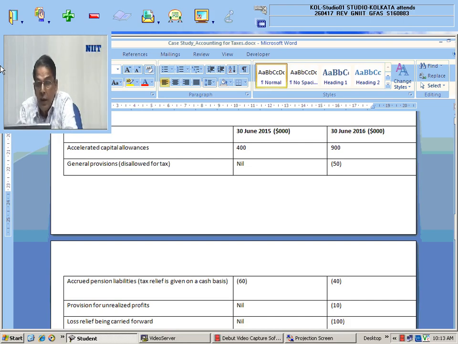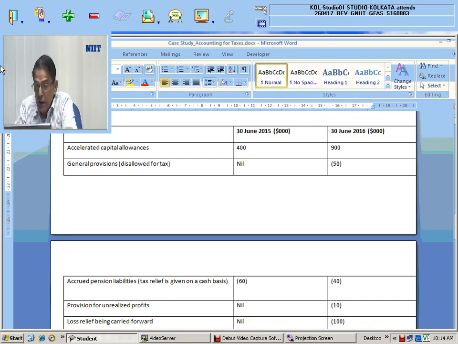Remember, the accelerated capital allowance is the temporary difference in respect of assets. The rest are temporary differences in respect of liabilities like general provisions, accrued pension liabilities, provision for unrealized profits, and loss relief being carried forward. These are all on the liability side. So these temporary differences will be deducted from the temporary difference in respect of assets.